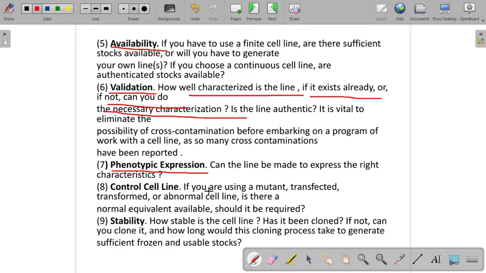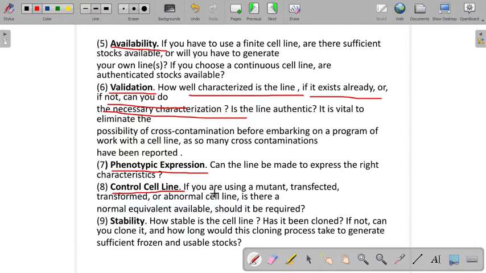He wants a cell line ready for his own practical, and he should have all the information about that cell line in his hand during the experimentation. So this phenotypic expression should be provided by the repositories, and they make everything ready for the users.